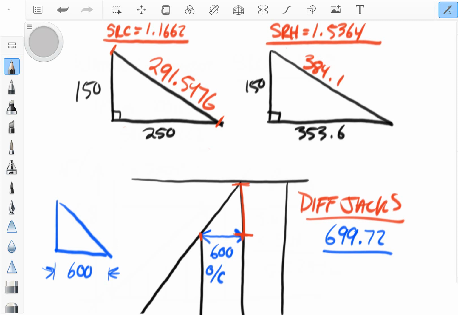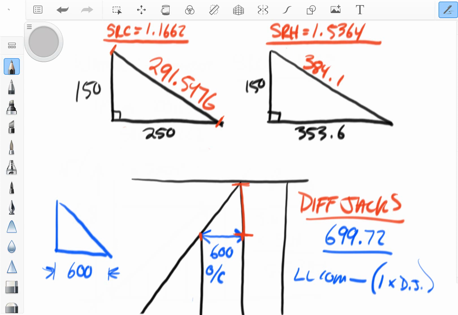Now, every jack from our first common: when we go to our first hip jack, we know it is exactly a spacing of 600, which means we can take the line length of common and subtract 1 times our difference in jacks, which is 699.72.